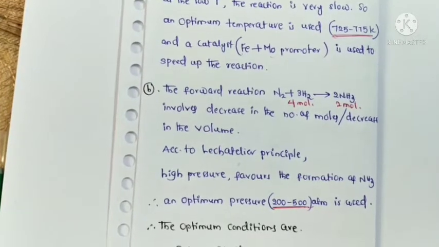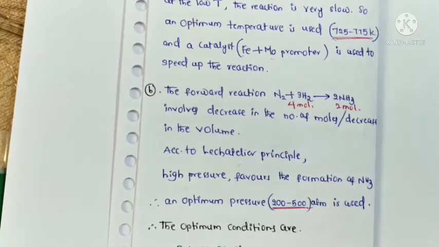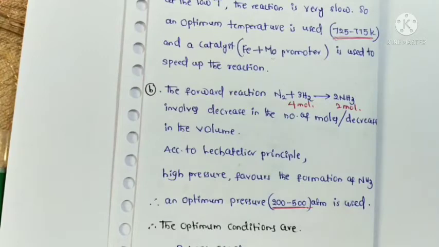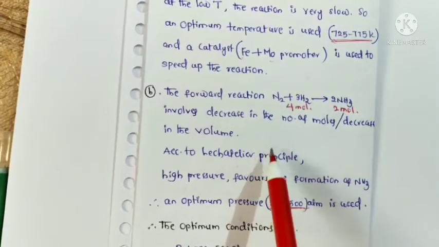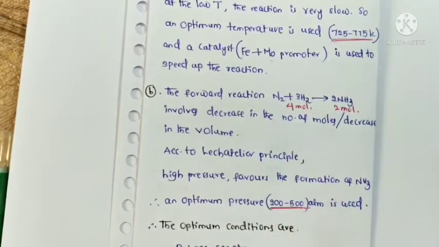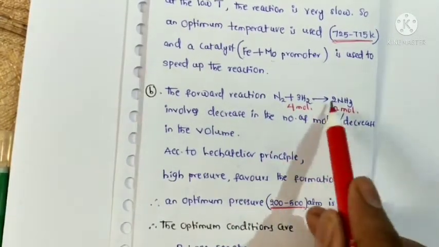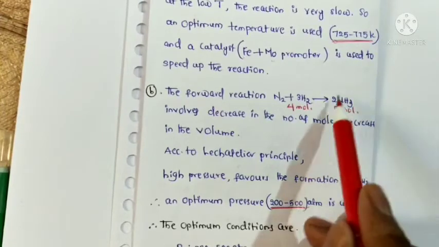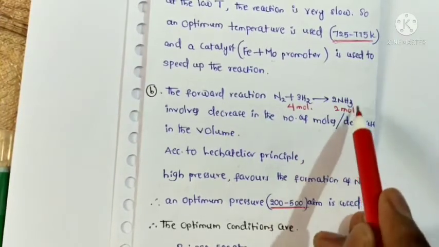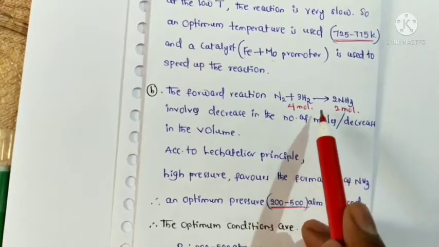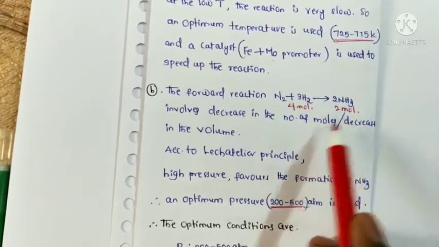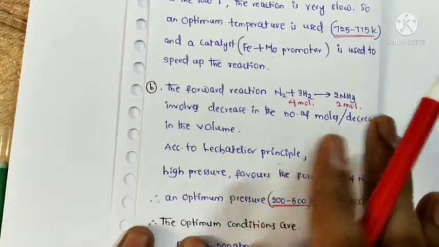Here we already know that pressure affects the equilibrium position. If the pressure increases, the forward reaction is favorable, because in the forward reaction the number of moles and the volume decrease. So increasing pressure is a favorable condition for the Haber process.